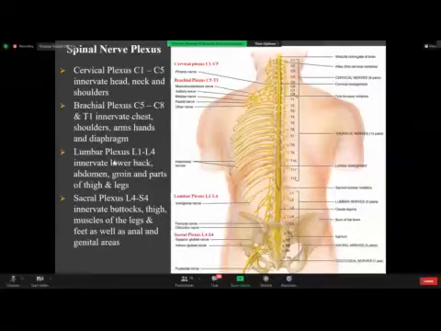And the lumbar plexus innervates the lower back, abdomen, groin, and parts of the thighs and legs. And then the sacral, finally, is innervating the buttocks, the thigh muscles of the leg, feet, as well as the anal canal and the genital areas. All of this is coming from this one. We'll talk about this in a bit more detail as we proceed.